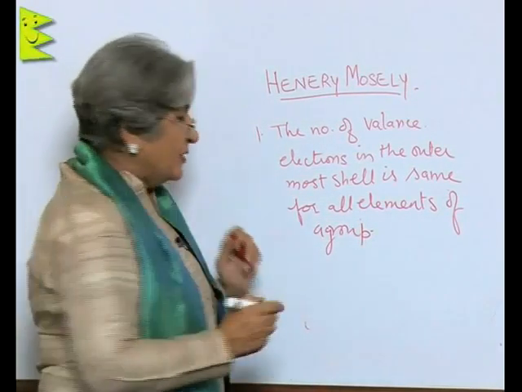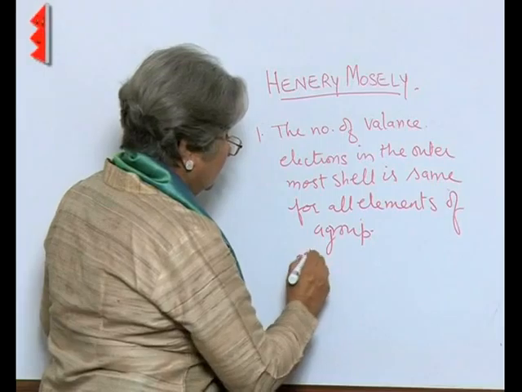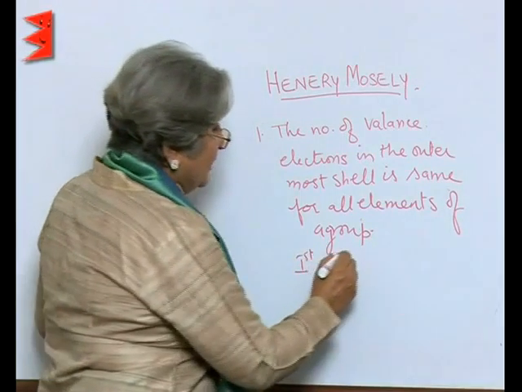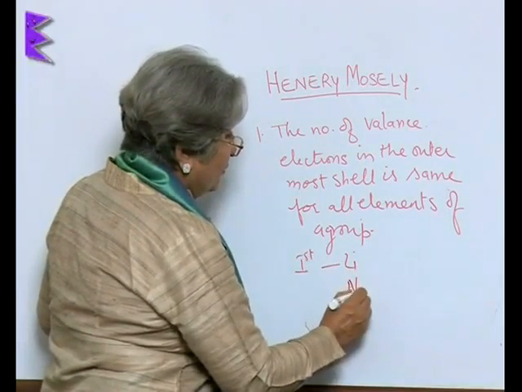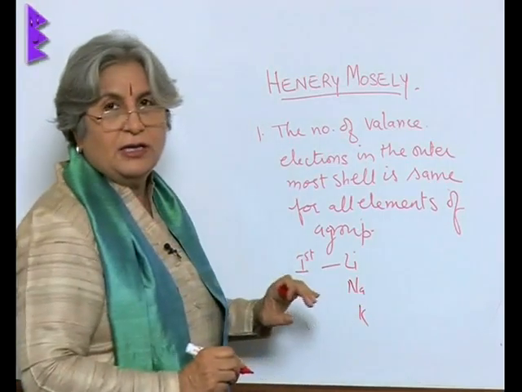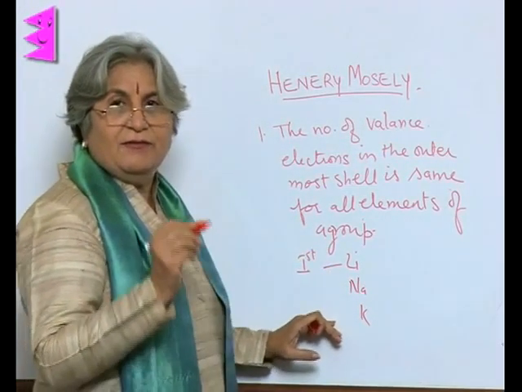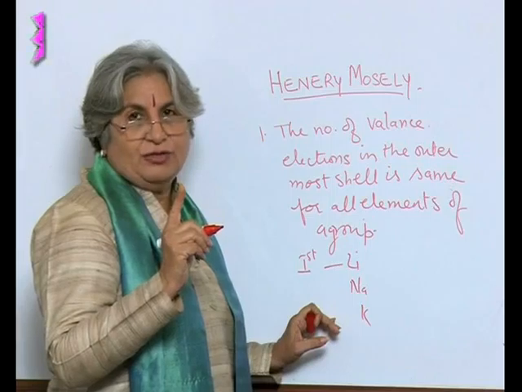Let us take the case of first group, whether it is lithium, sodium, potassium and so on. In every case, the valence electron is 1 in the outermost shell.